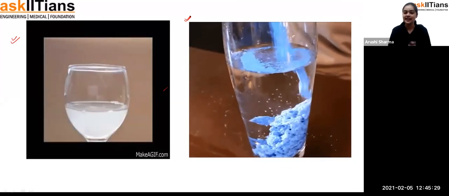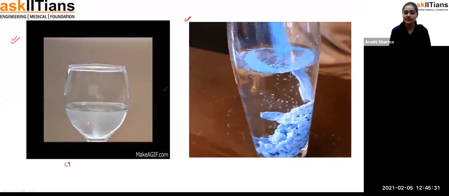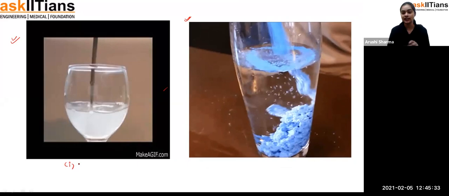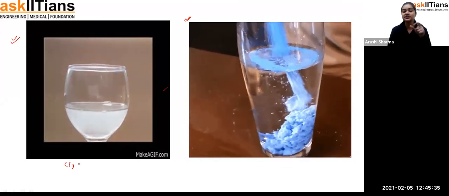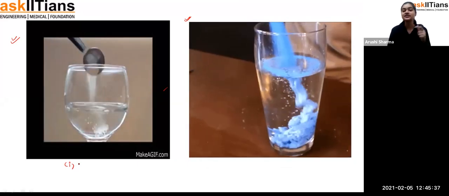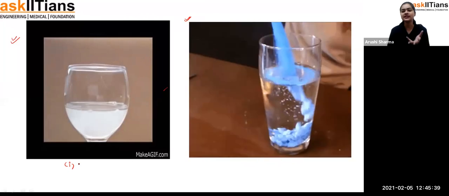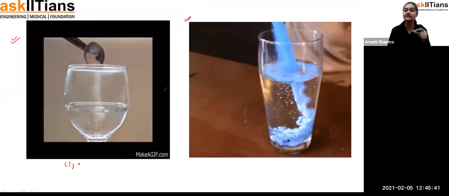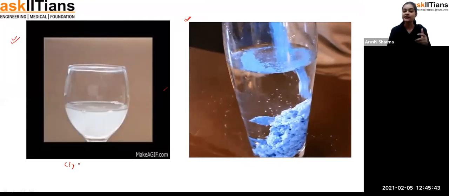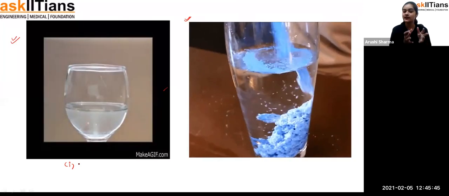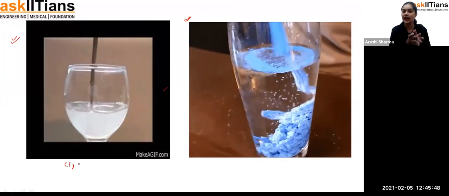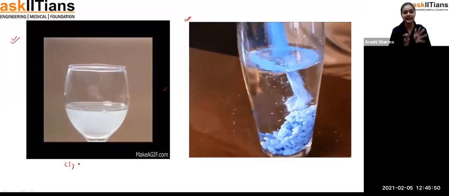You will say, ma'am, in the very first picture, I can see that the person is adding something which is getting soluble in the water. After the mixing I cannot find out where that particular substance has gone. Exactly, that is going on.